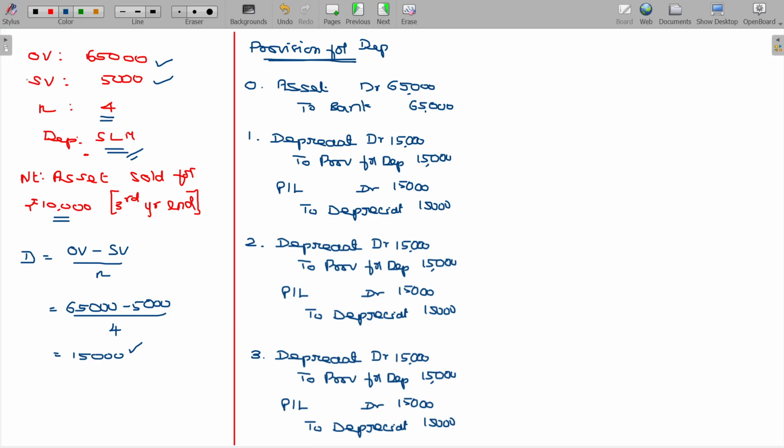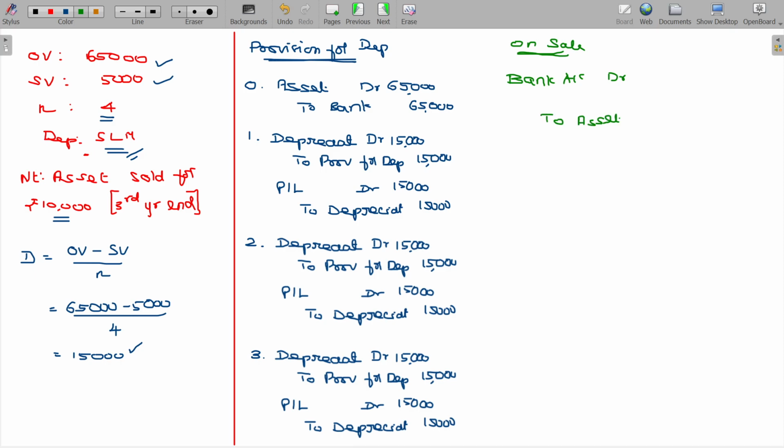Now the asset is going to be sold. On sale, what happens here? You get the money, bank account debit to asset account.